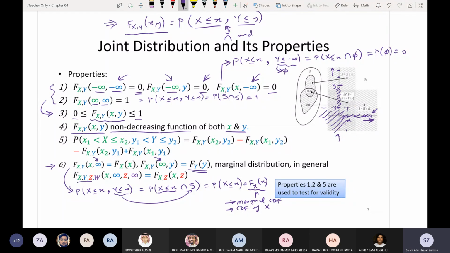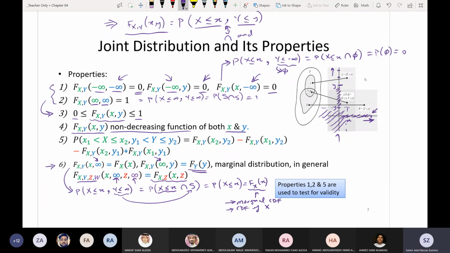Now, if I have four random variables x, y, z, w, and I put infinity at y and infinity at w, this gives me the joint in x and z only. Basically, y and w disappear, because we are talking about y less than infinity and w less than infinity, and there's no point of talking about it.